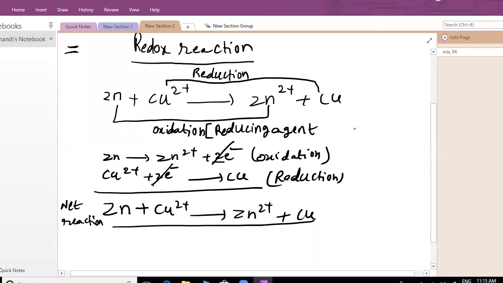I'm going to represent it as RA, reducing agent. Because of Cu2+, zinc oxidation occurs. That's why this is called oxidizing agent. Another name, sir: OA.